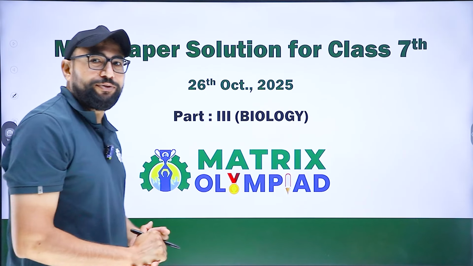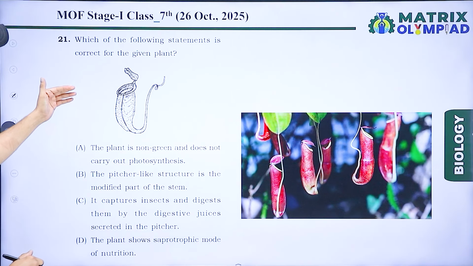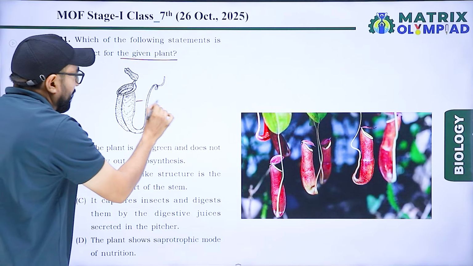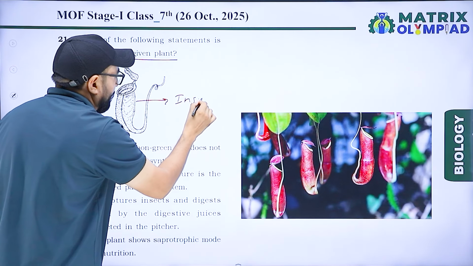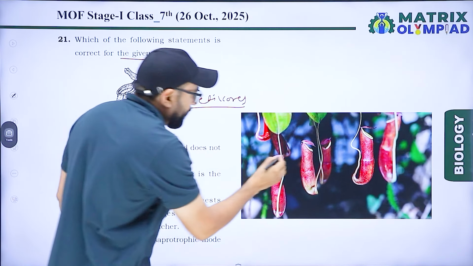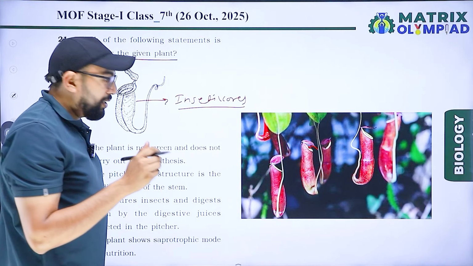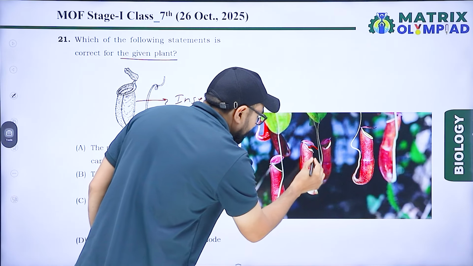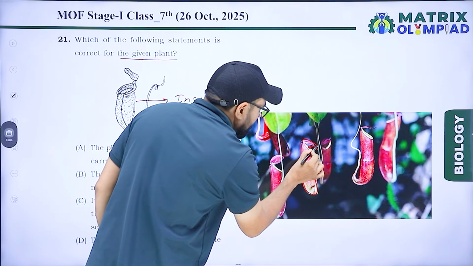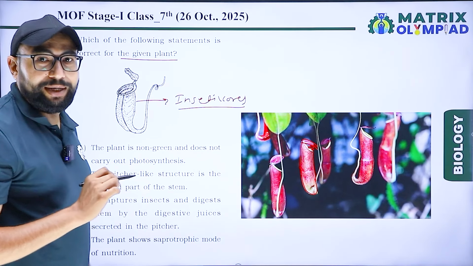Let's start. First question for biology. Which of the following statements is correct for the given plant? The given plant is an insectivorous plant. When an insect comes inside the cavity of this modified leaf structure, this cover moves downward and closes completely.